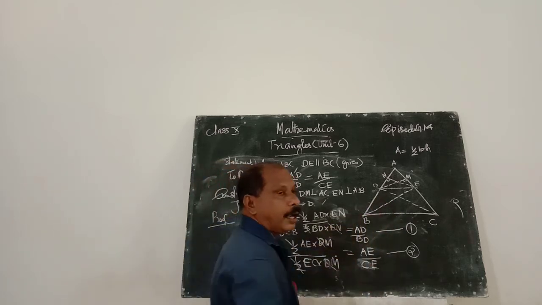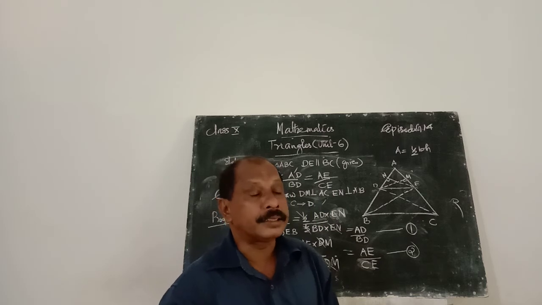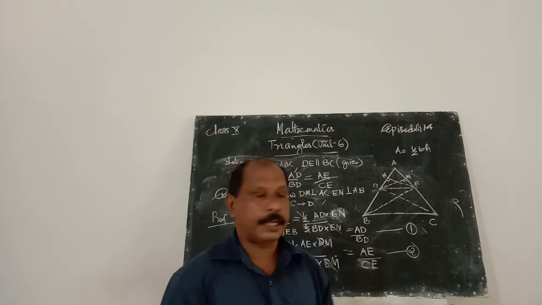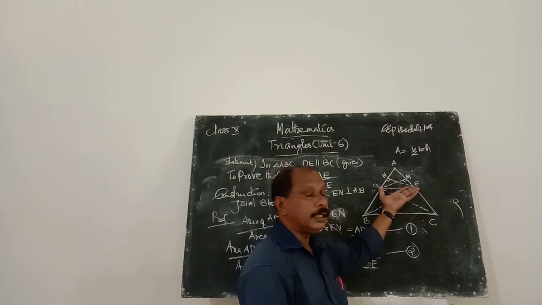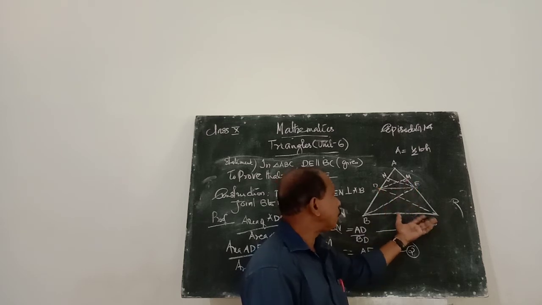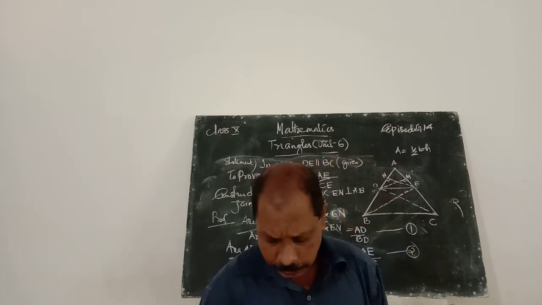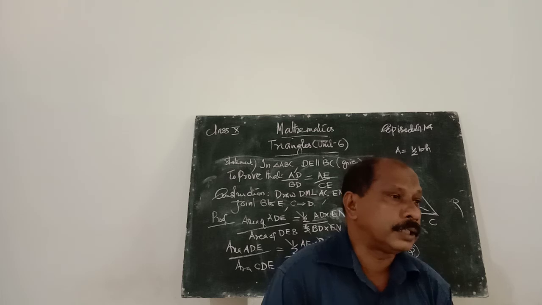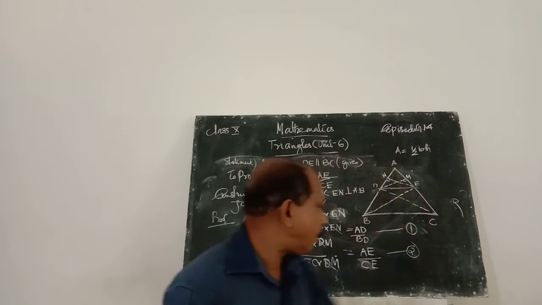Therefore, these two triangles are with the same base and they are between parallels. Therefore, area of these two are equal. That is in the ninth question. That means triangles with the same base and between parallels are equal in area.